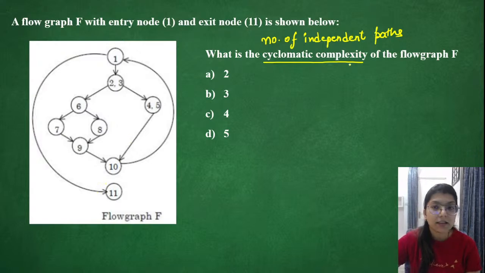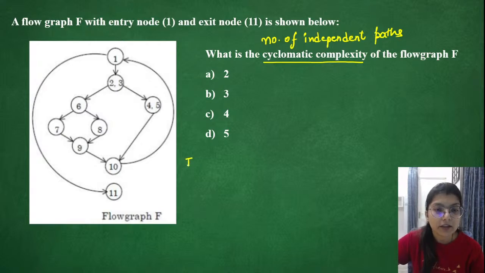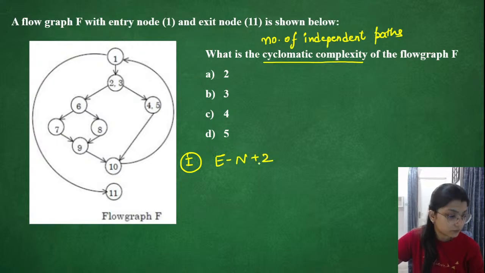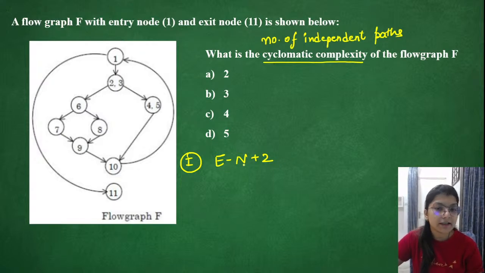Now we have basically 3 formulae for calculating cyclomatic complexity. I'll tell you all the formulae very quickly. First one is E minus n plus 2, where E is the number of edges, n is the number of vertices, and 2 is a constant term.